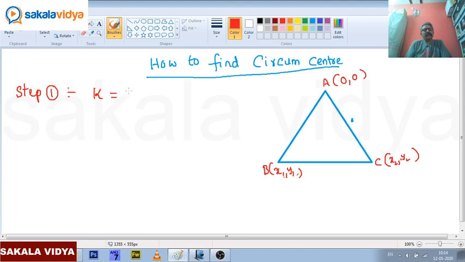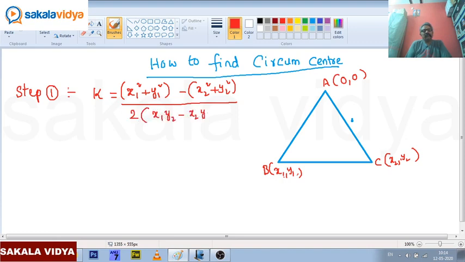What is the k value? It is x1 square plus y1 square minus (x2 square plus y2 square) upon 2 multiplied by (x1 y2 minus x2 y1). First you find the k value.